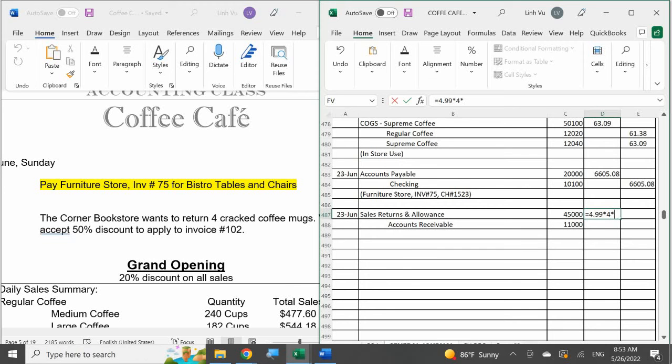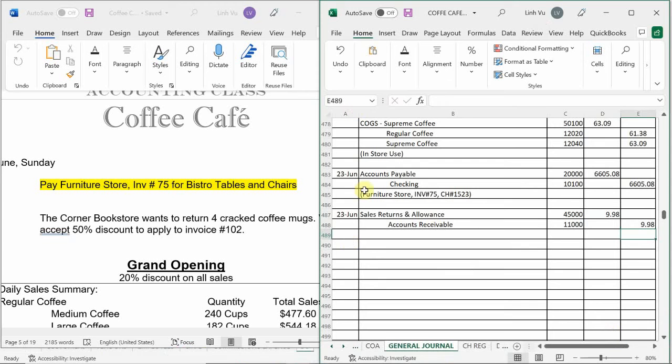Or I guess you could multiply by 0.5. $9.98.